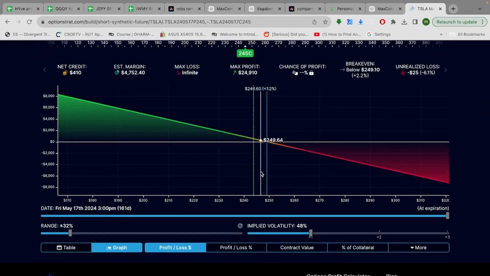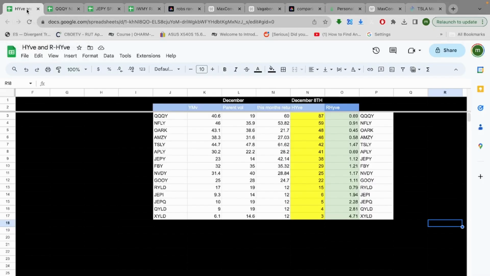So we go back over here, and I would enter 44, and then I would enter 48, because that's the parent vol. And then the other input I need is the most recent yield, and that was 61.62.